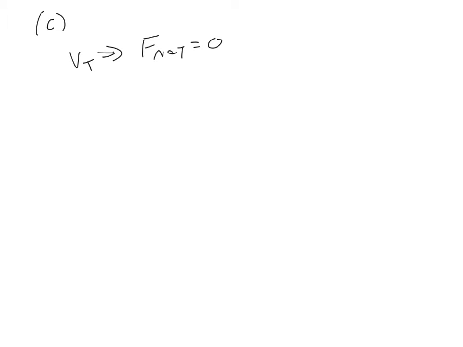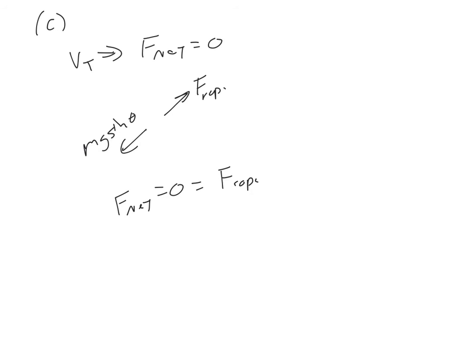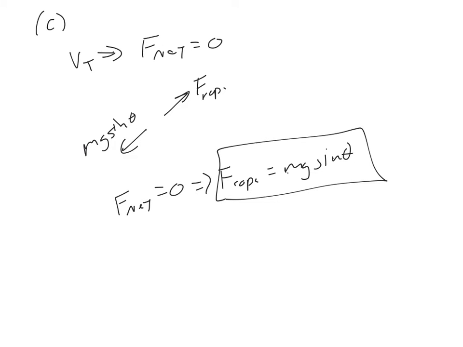So we have mg sine theta pulling down, and the applied force from the rope going up. Because the net force equals 0, these two must be equal. And these are all constants, so there you go. That's all you have to do, and of course it's only worth 1 point for something so straightforward as that.